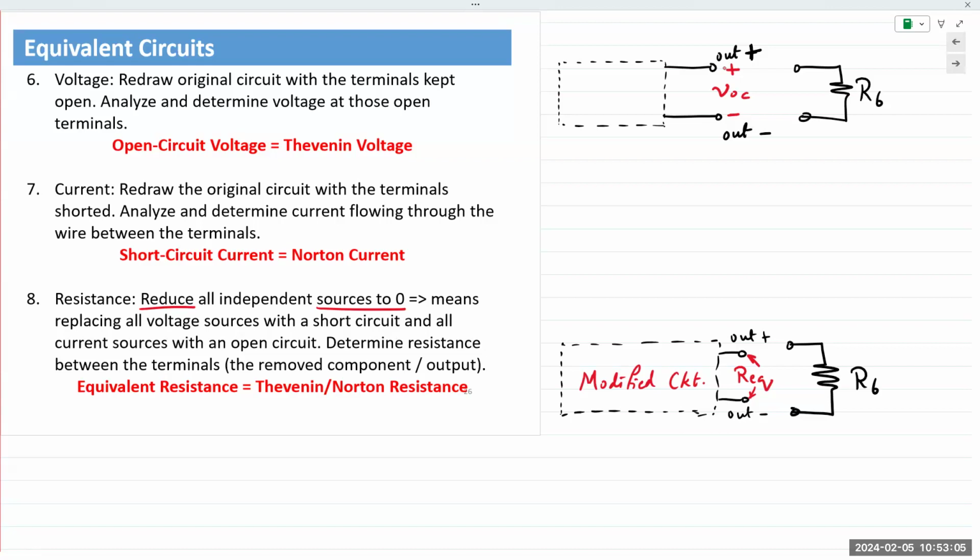If you are trying to do it in real life, you would measure the voltage at those terminals. Theoretically, you would calculate the voltage at those terminals, and the voltage that you obtain is your open circuit voltage, Thevenin voltage. So again, not much to modify in here once you have removed R6. That's it. Again, not a new analysis. It's simply the application of your analysis.